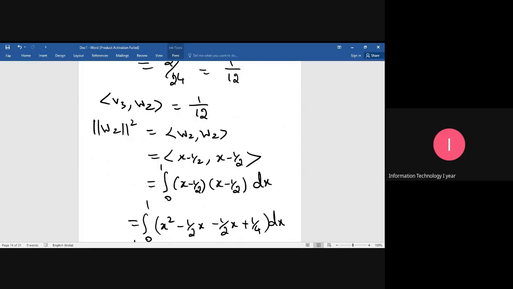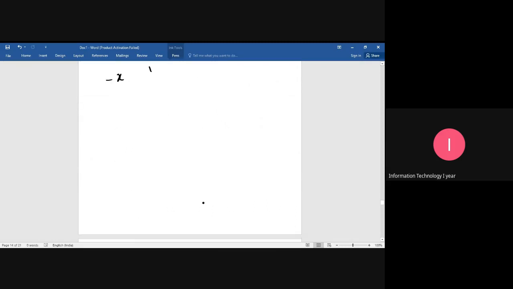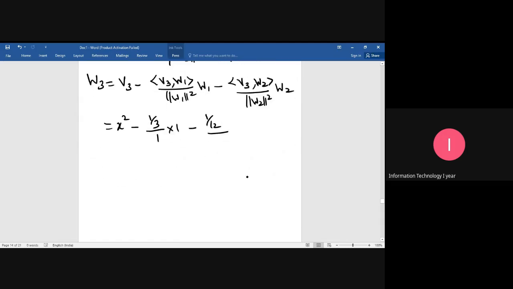So the inner product of V3 comma W2 is 1 by 12, divided by norm W2 square, which we just now calculated, is also 1 by 12.